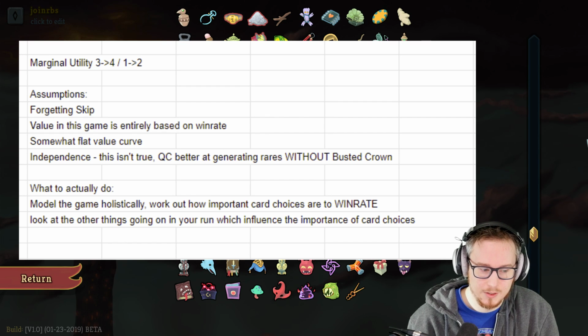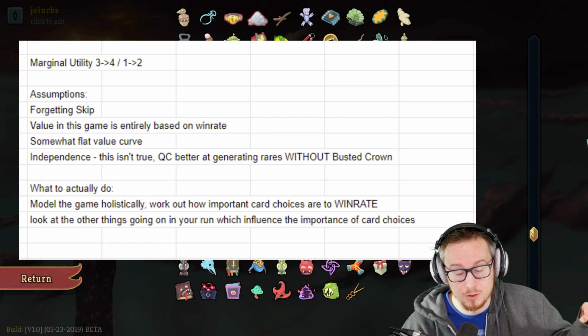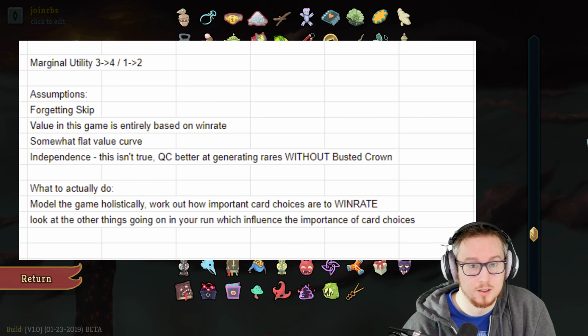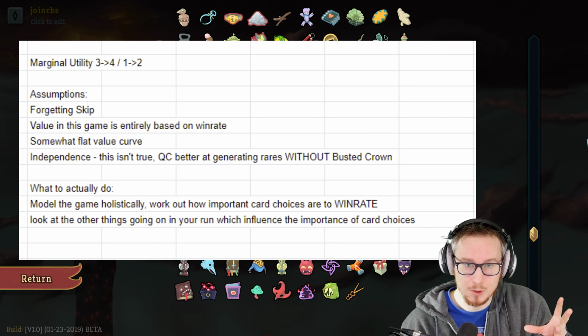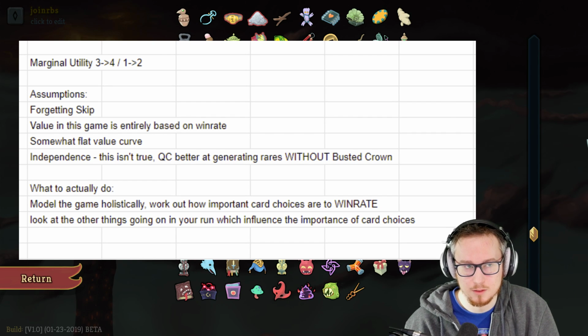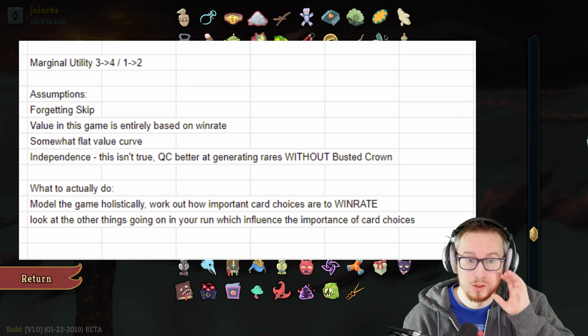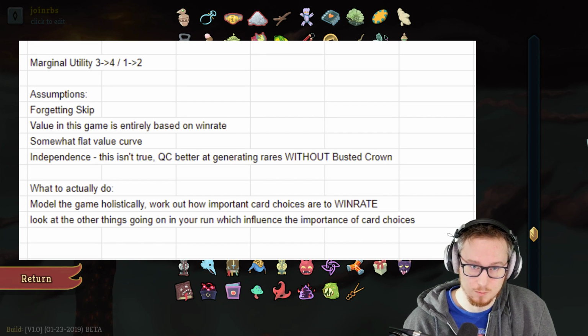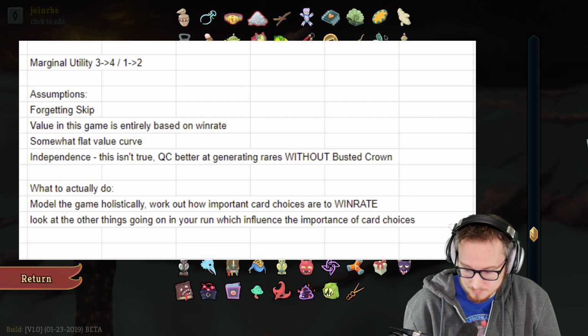So you start the act, you see 3 commons, the rare chance goes from minus 2% to 1%. At the next fight, you see 3 cards, each of them has a 1% chance to be a rare. When you generate a rare, it goes back down to minus 2% again. And at the end of the act, when you get the boss fight and you see the rare card reward screens, that will reset it to minus 2% for the start of the next act as well.